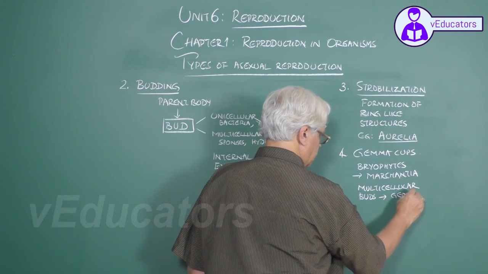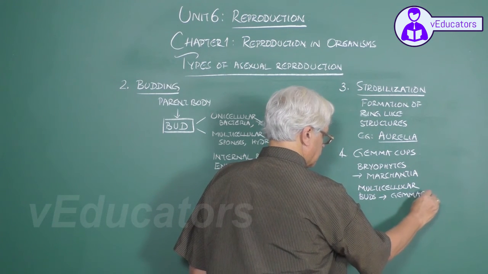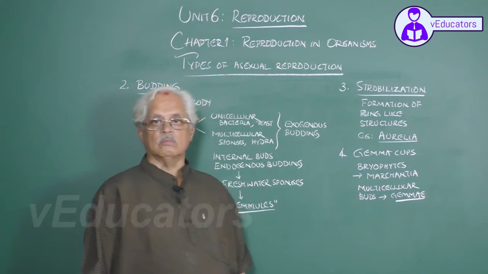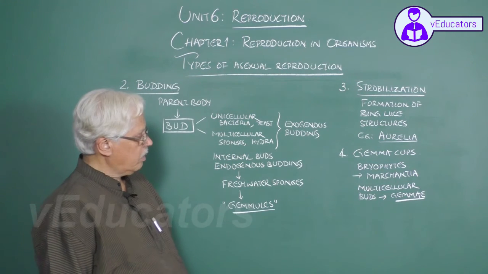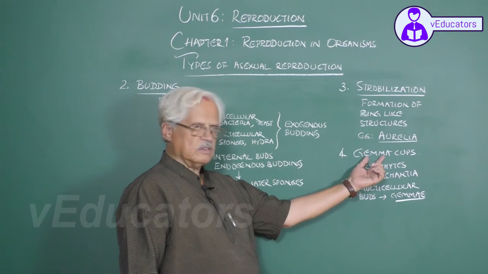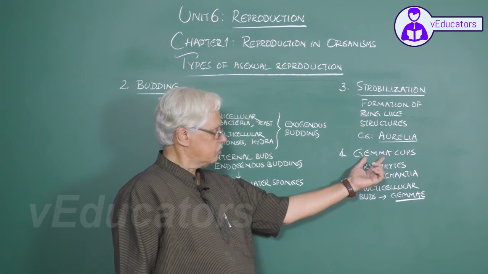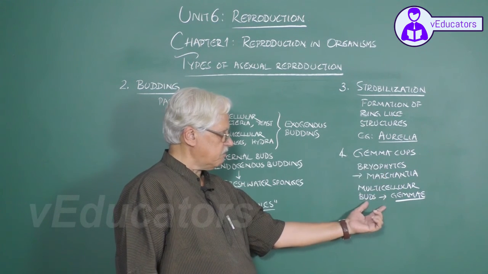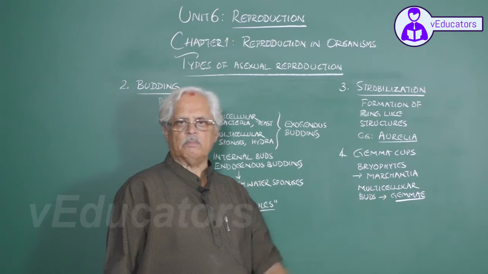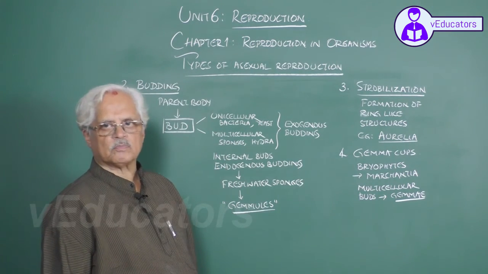These multicellular buds are called gemmae. They are found in receptacles called gemma cups. When the conditions are favorable, these gemmae can develop into new plants.